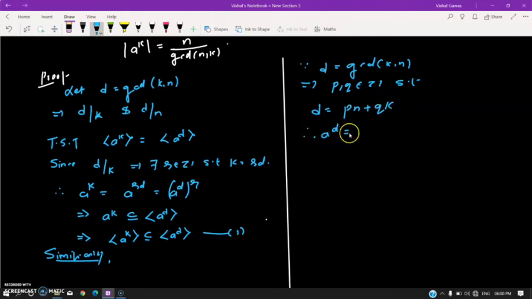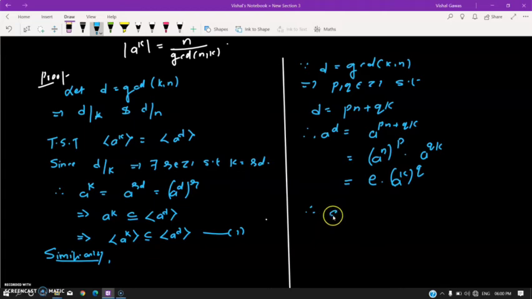Therefore, a raised to d would be nothing but a raised to pn plus qk. This would be a raised to n raised to p, if I use indices, into a raised to k raised to q. Since a has order n, a raised to n would be identity, and this would be nothing but a raised to k, raised to q. Therefore, a raised to d is nothing but some power of a raised to k.